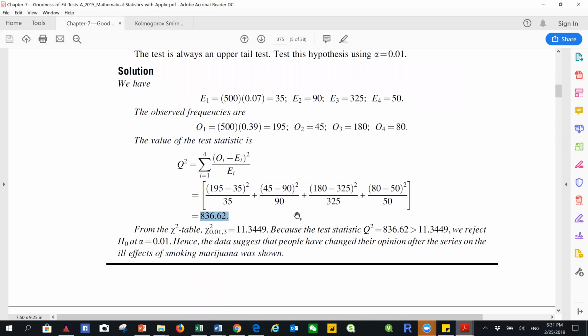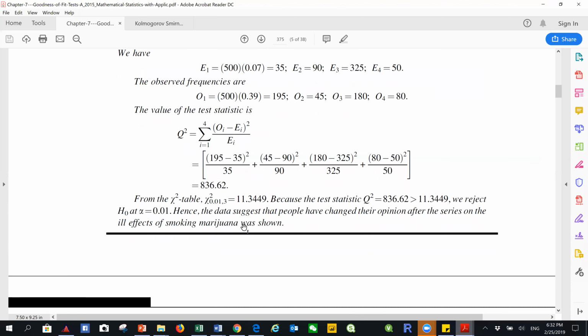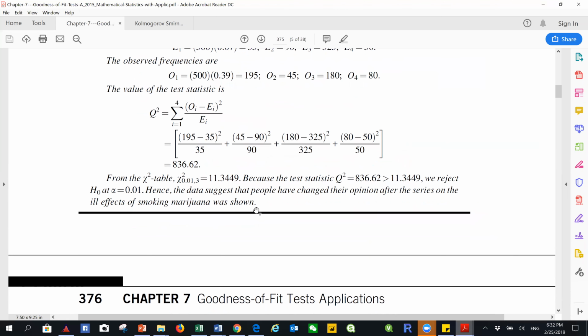Upon seeing that large Q square value, we know immediately that this value won't be in the hundreds. You get the critical value from the table, StatDisk, or Excel, and obviously this is greater than that, so we reject. That means they changed their mind, the TV broadcast works.